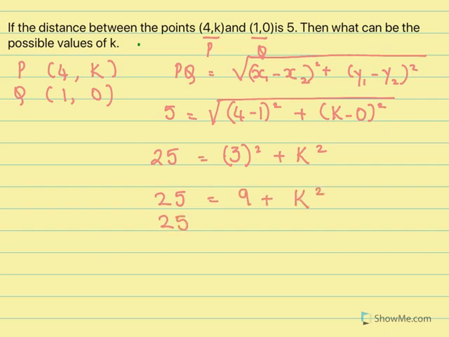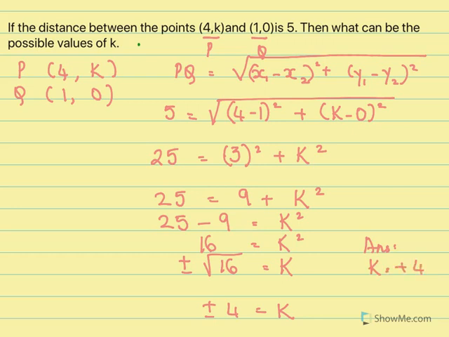So 25 minus 9 equal to K square. 16 equal to K square. K is under root 16 plus minus. So plus minus 4 equal to K. So possible values of K is plus 4 or K is minus 4.